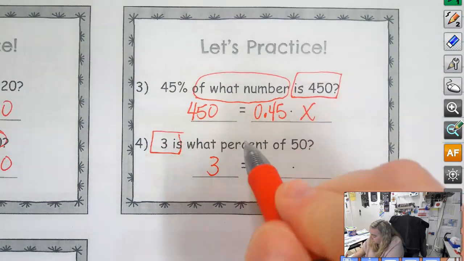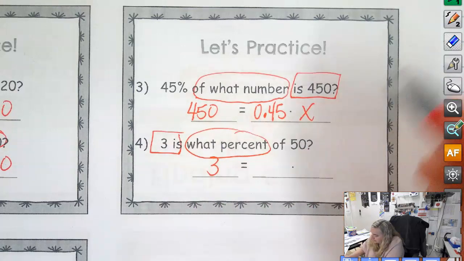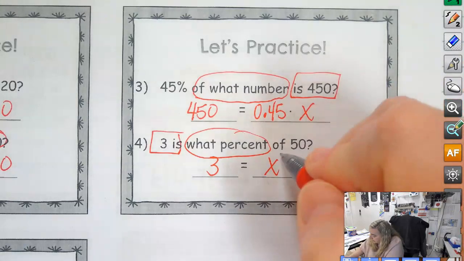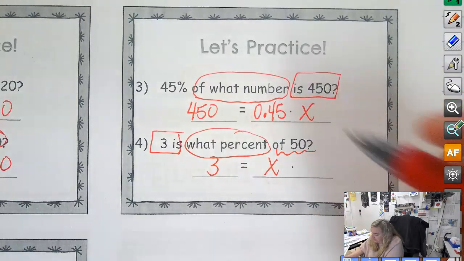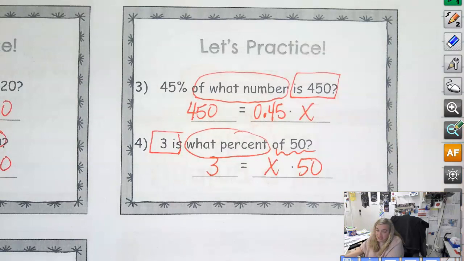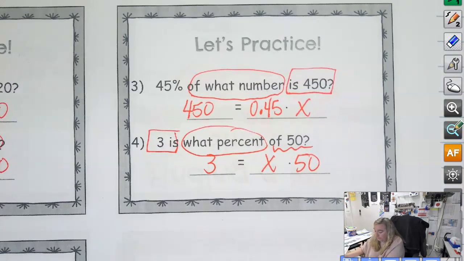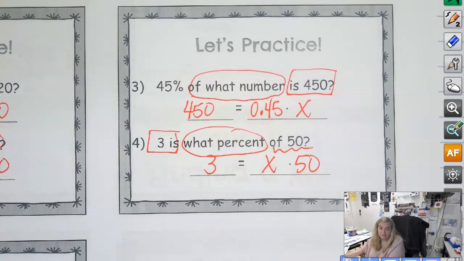It asks what percent? So in place of the percent, I'm going to put the variable x because we don't know it. And then the last one, of 50, of tells me that that is my whole. All right, I'm going to give you a moment again and go ahead and finish solving those. And let's check your answers here in just a moment.